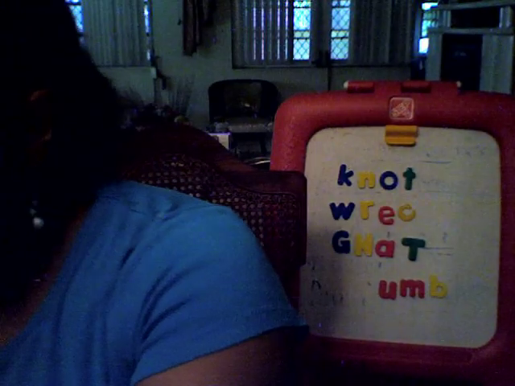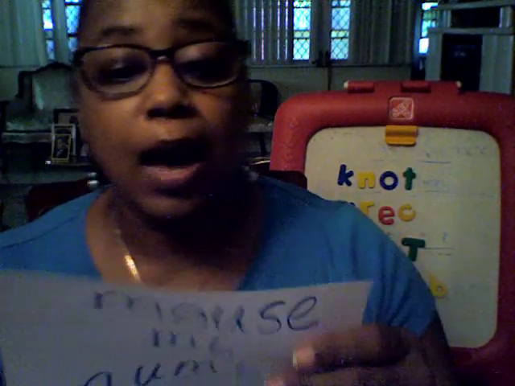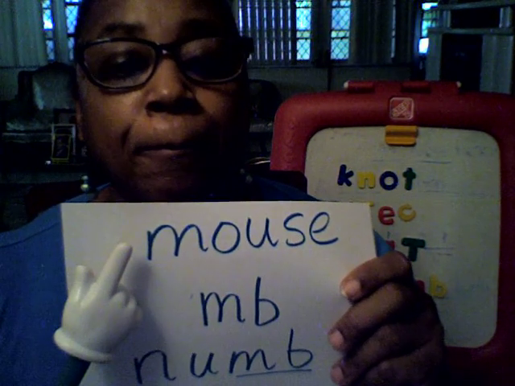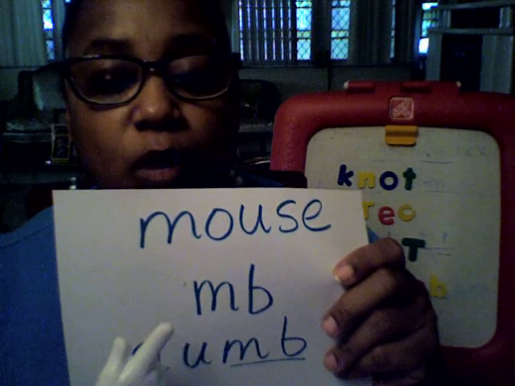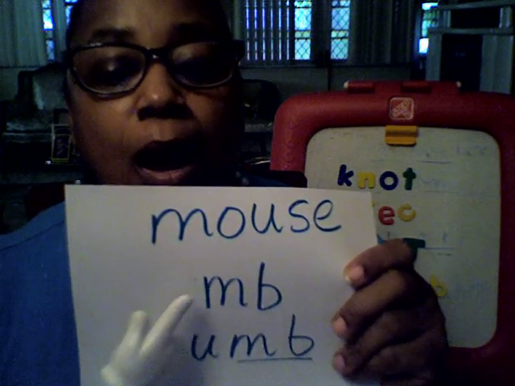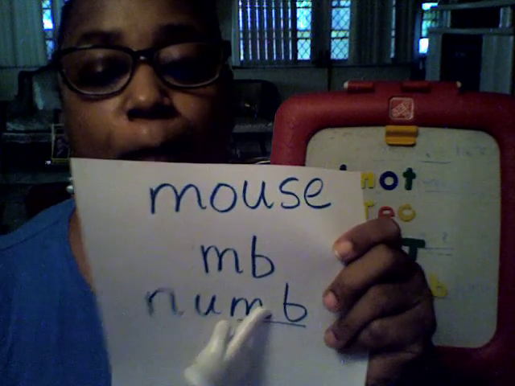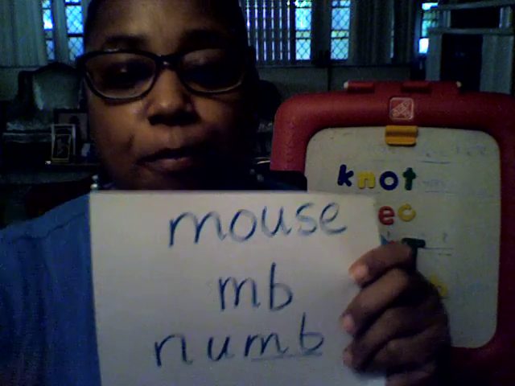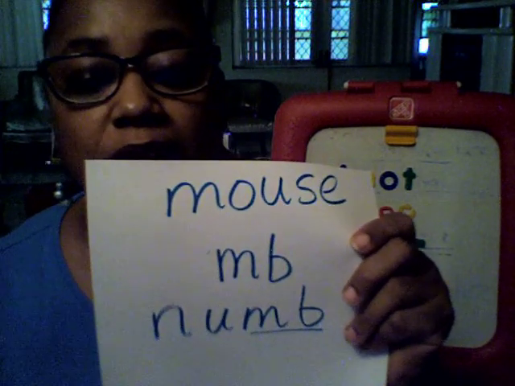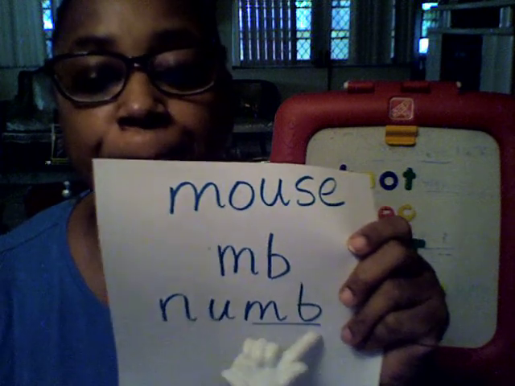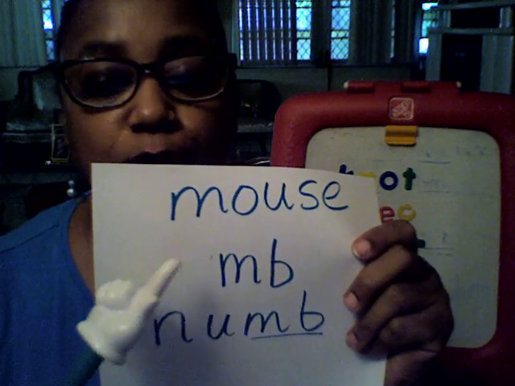Now our other digraph, let's look at this word, mouse. What is the beginning sound? Mouse. So when you see MB together, it says M, and here's the word numb, or thumb. You don't say number. No, you say numb. You don't hear the B sound. So it says M as in mouse, okay?